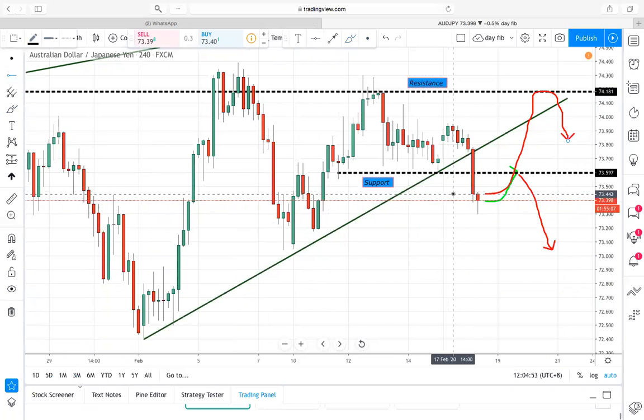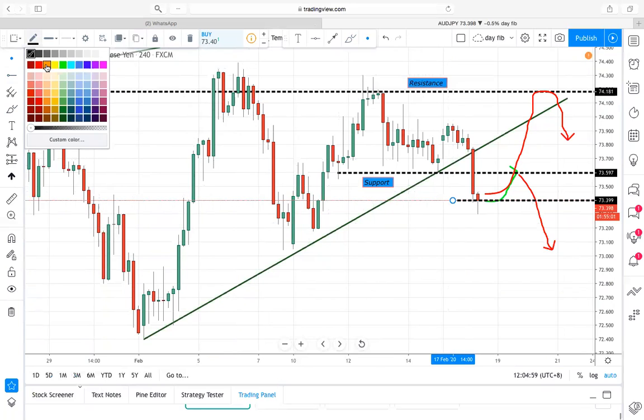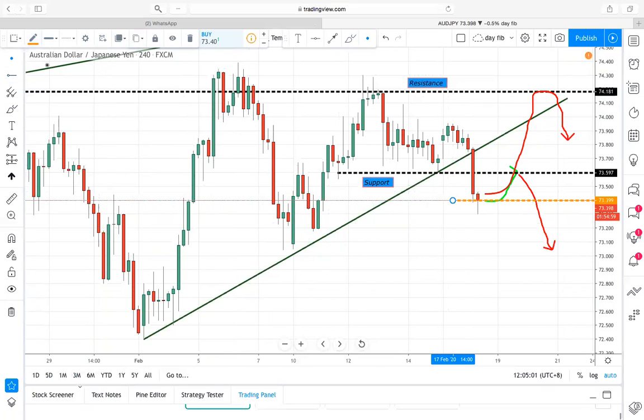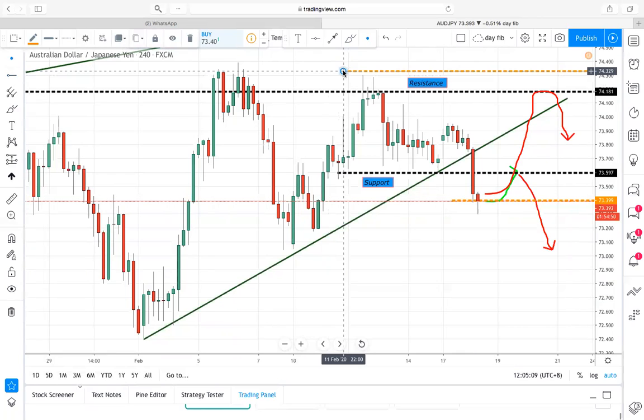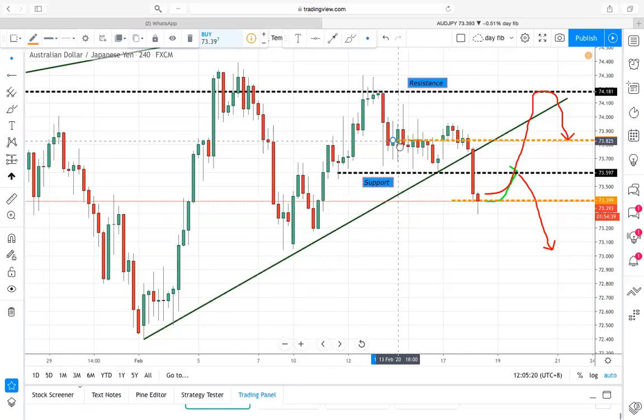If you were to start selling here, as an example, say you short here at 73.4, your stop loss is going to be pretty high, above the resistance here. Your stop loss has to be above this red candle.